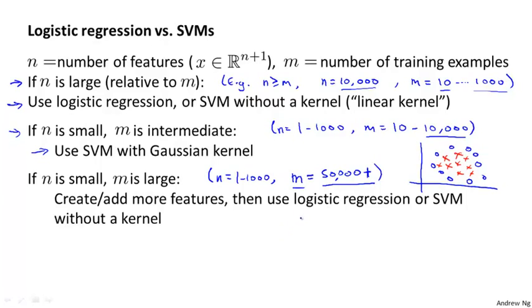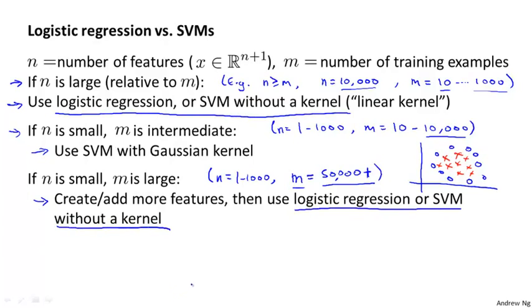So in that case, what I would usually do is try to just manually create or add more features, and then use logistic regression or an SVM without a kernel. And in case you look at this slide and see logistic regression or SVM without a kernel, in both of these places, I kind of paired them together. There's a reason for that: logistic regression and SVM without a kernel are really pretty similar algorithms.